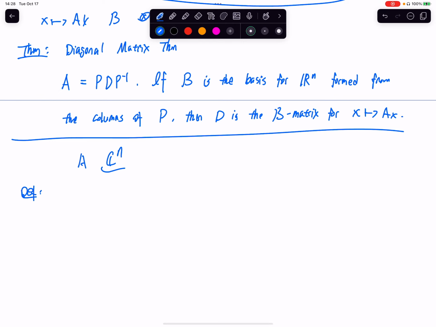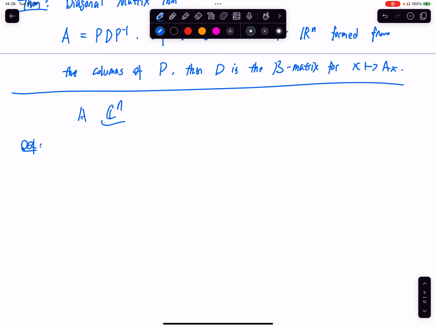So yes, we are changing our underlying number field. First, the definition of the complex eigenvalue and the complex eigenvector. If there is no confusion, we will just call them eigenvalue and eigenvector correspondingly, since they are the roots of the characteristic polynomial.